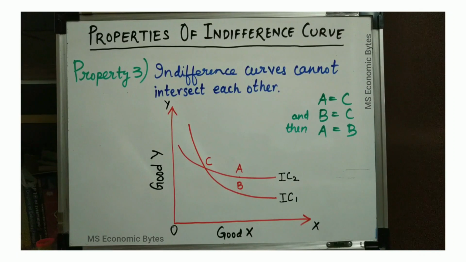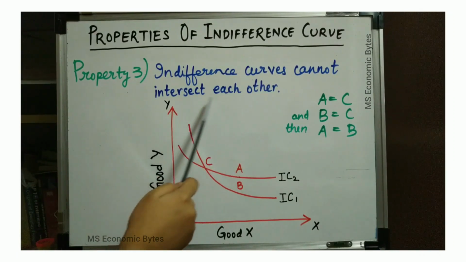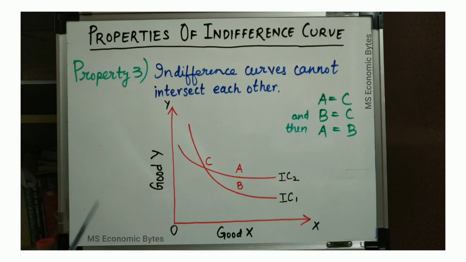Now the third property of indifference curve states that indifference curves cannot intersect each other. This property is based on 2 points. Number one is that a particular indifference curve has the same level of satisfaction and two indifference curves have different levels of satisfaction.